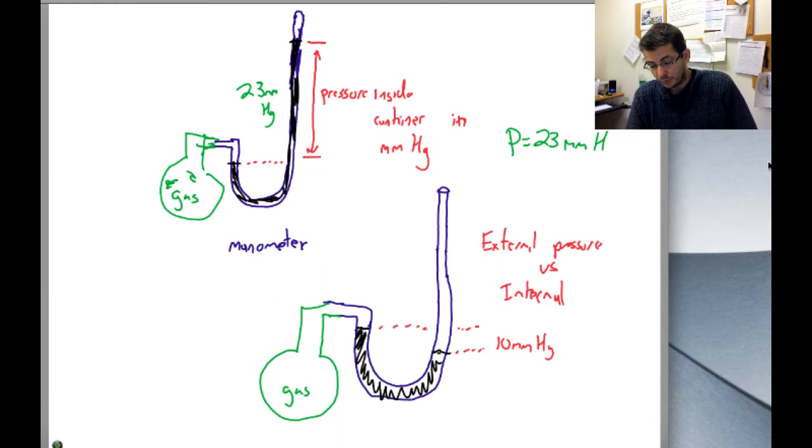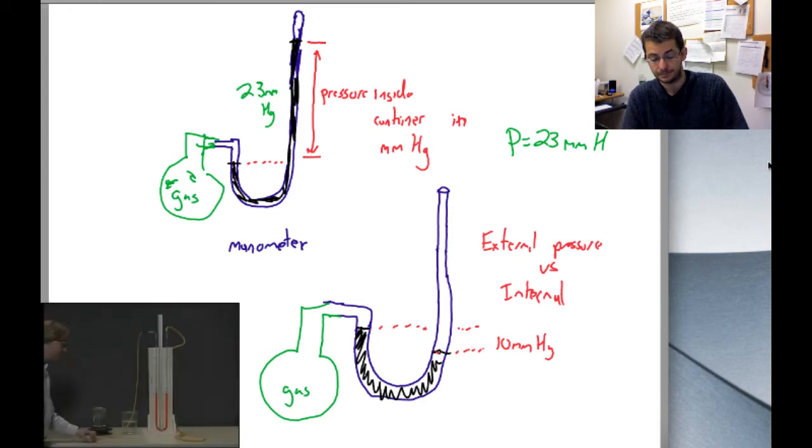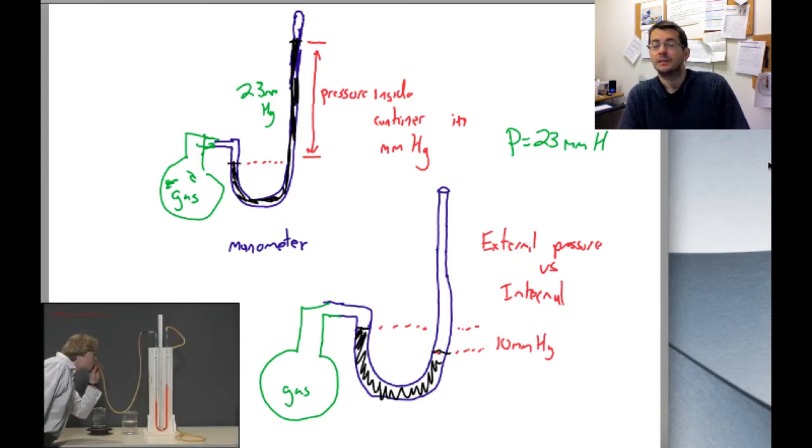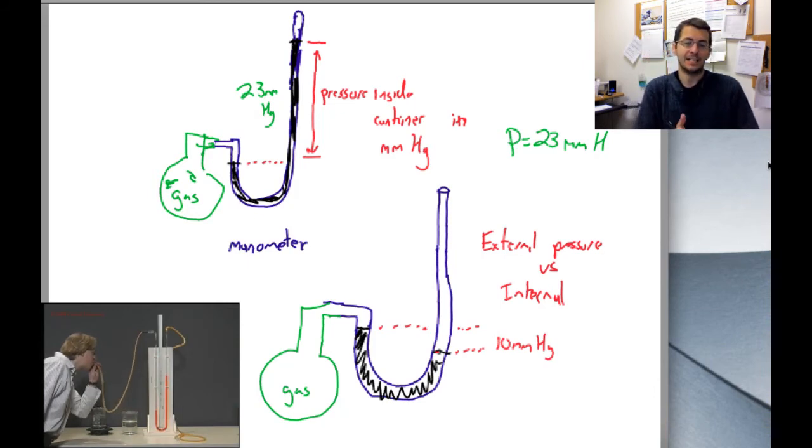And so this pressure difference, if the loop associated with the external pressure was higher than the internal, that would represent that the internal gas has more pressure than the external by the difference. What it means is the gas inside is pushing out.